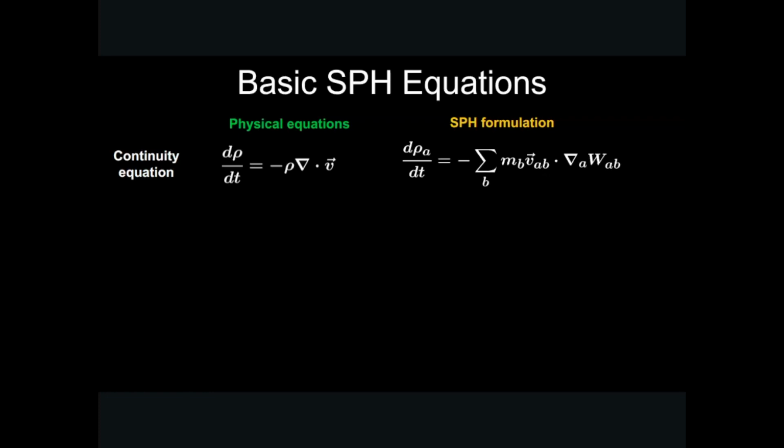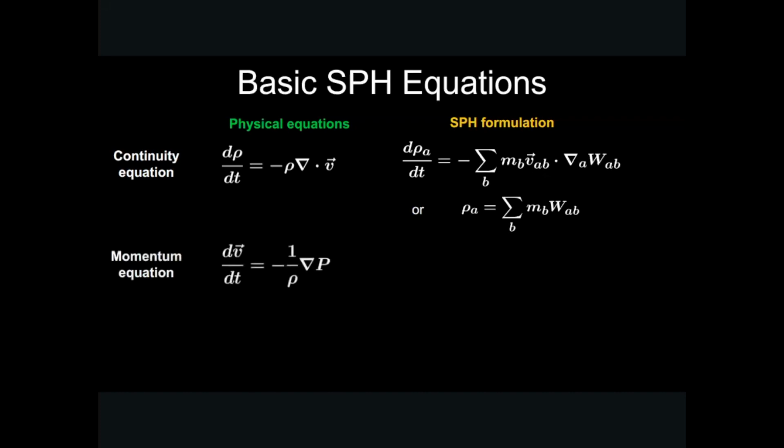Since the kernel is an analytical function, its derivatives are analytical too, so you know them. So for each term inside the summation, you only have to make the summation, and then eventually integrate over time to have the temporal evolution. Typically, for the density, one uses this other quantity that I was introducing before, which is again an average summation of the masses of the neighbors.